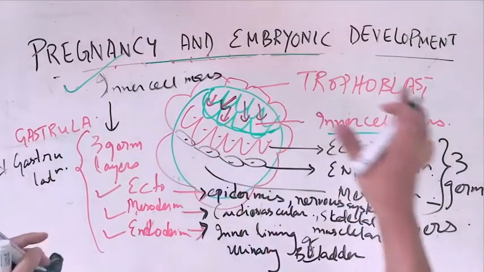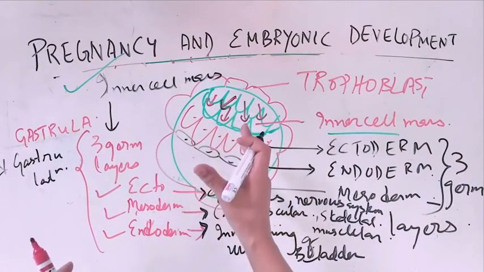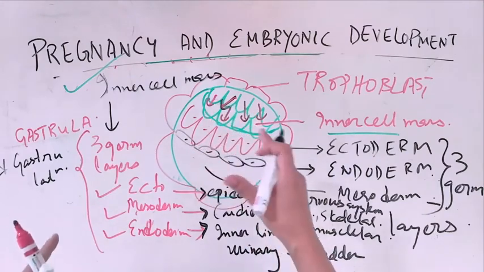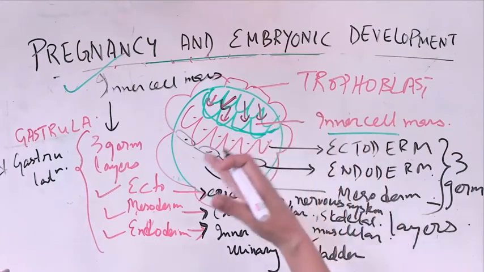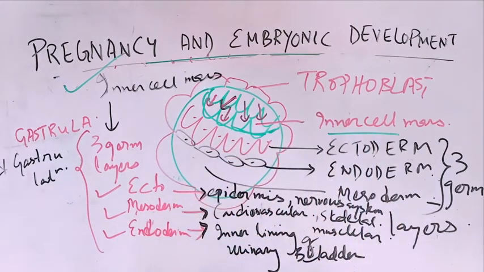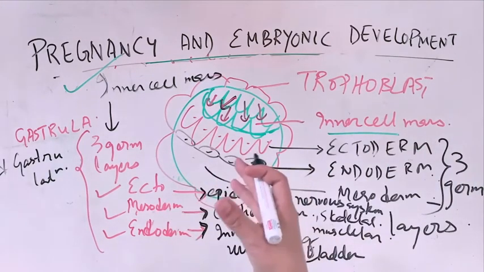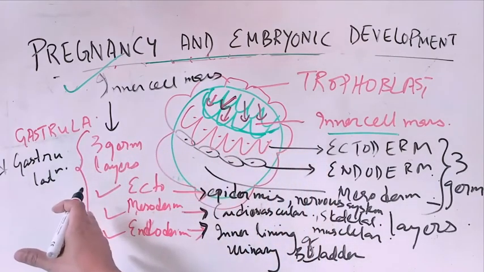So slowly, this inner cell mass is the one which will form the embryo, the fetus. And then the cells rearrange themselves so that they can form each part. They differentiate: some say, I'm going to form the heart, I'm going to form the skin, I'm going to form the skeleton, I'm going to form the muscles. That differentiation of the 3 germ layers of an embryo is known as gastrulation.